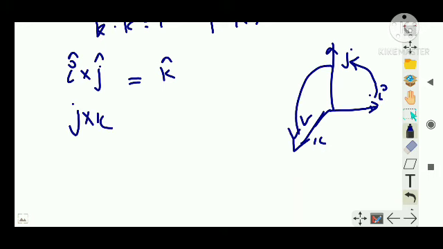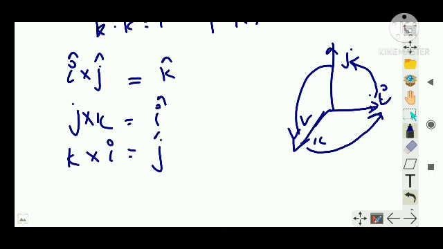J cross K will be this way, that is I cap. Now what will be K cross I? It will be J cap. K cross I is J cap. Just look at the two vectors. If you are taking cross of this one, look at the vector which is opposite to it. Vector opposite to K and I is J.